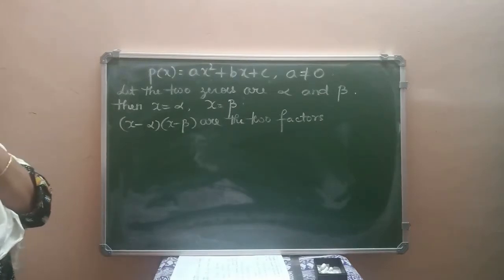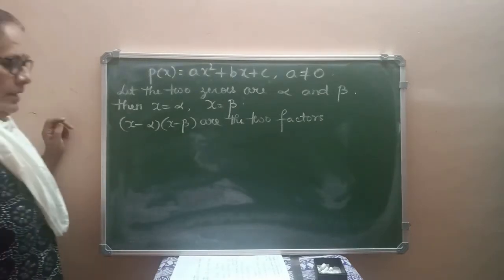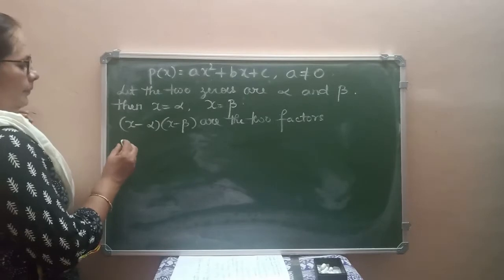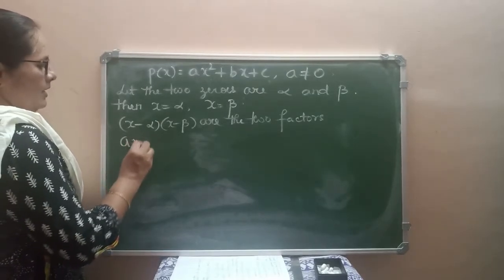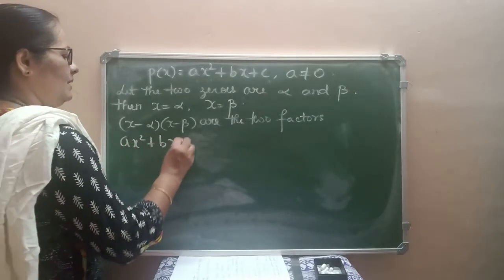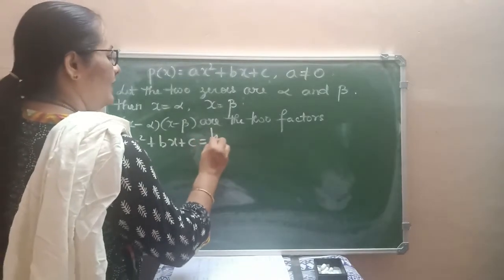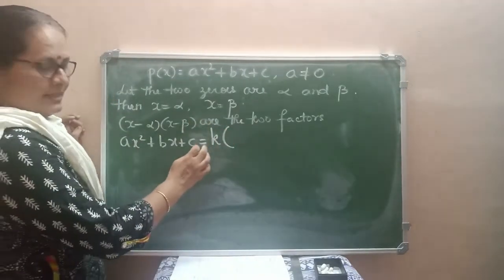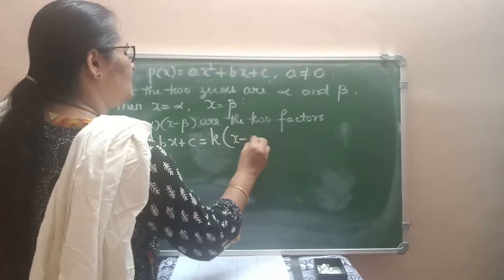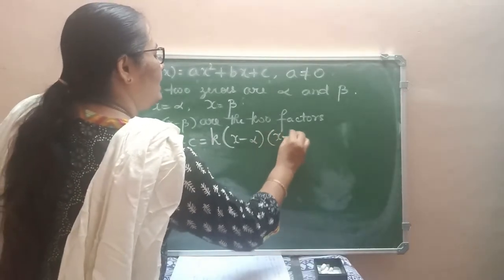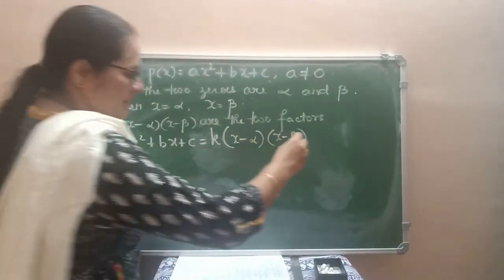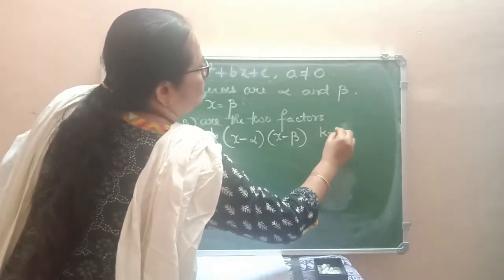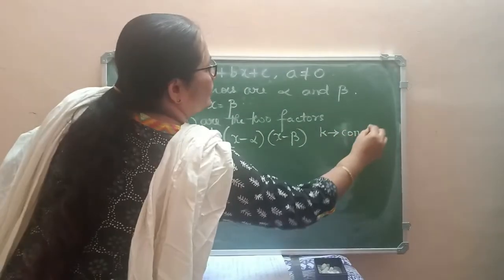Therefore, ax square plus bx plus c can be written as k into x minus alpha into x minus beta, where k is any constant.